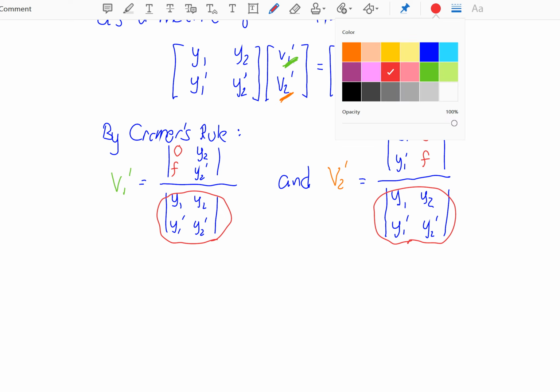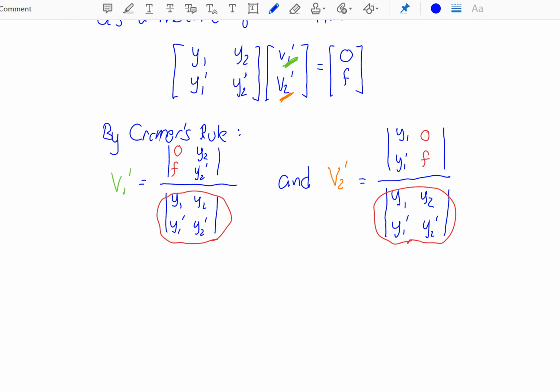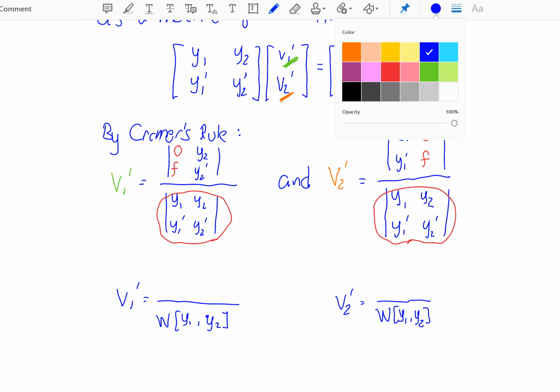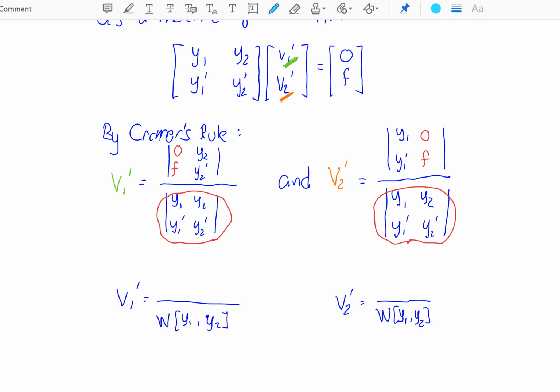So when we actually write our shortcut for finding our solutions, we write v1 prime as a division by the Wronskian of y1 and y2. Now for the numerator, let's actually do the determinant.